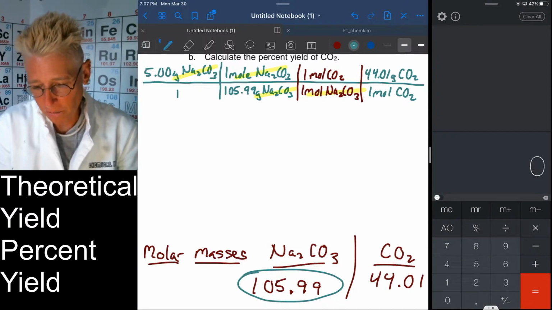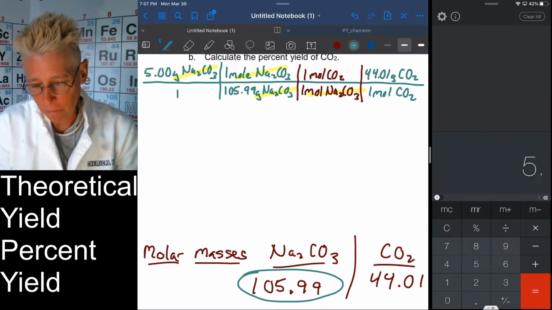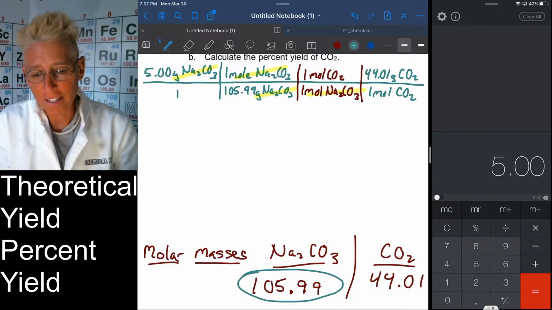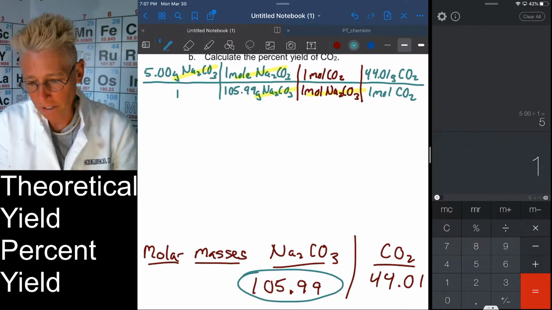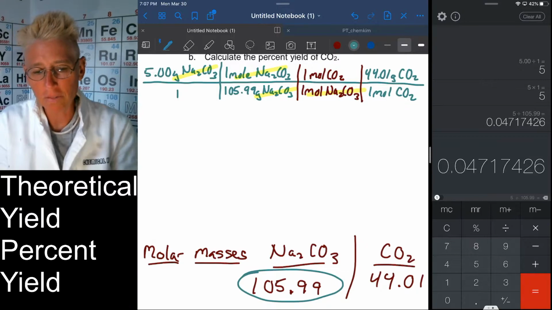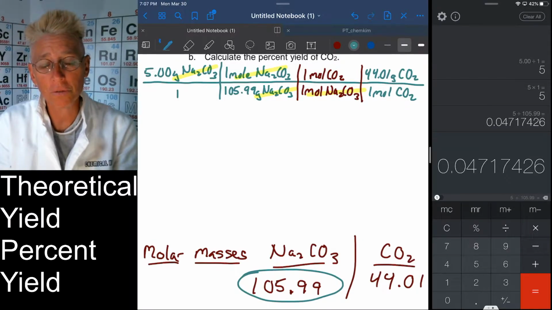So to put these numbers into my calculator, I'm going to take my 5.00 and then divide by 1, of course, gives me the same number. Then I'm going to multiply that times 1, and again, that will give me the same number. Now I'll hit divide 105.99, and that will give me the moles of Na2CO3.